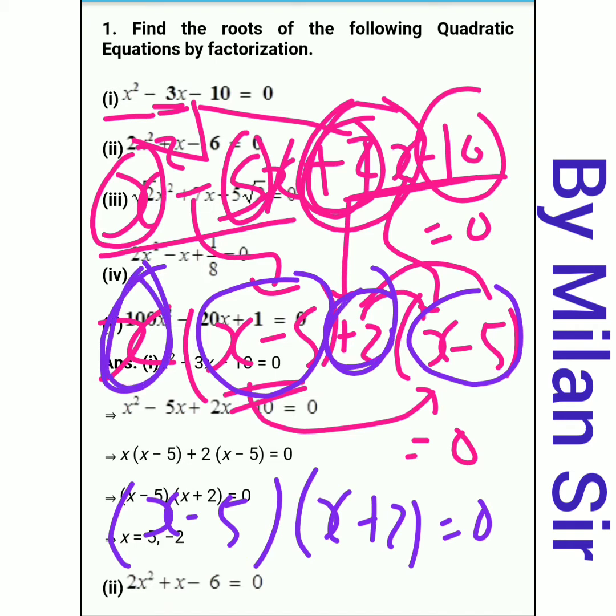This is called factorization, because at first we have three terms, x square minus 3x minus 10, and now we have two factors. This is the factorization method, at last we get two factors. So x minus 5 and x plus 2 is equal to 0.